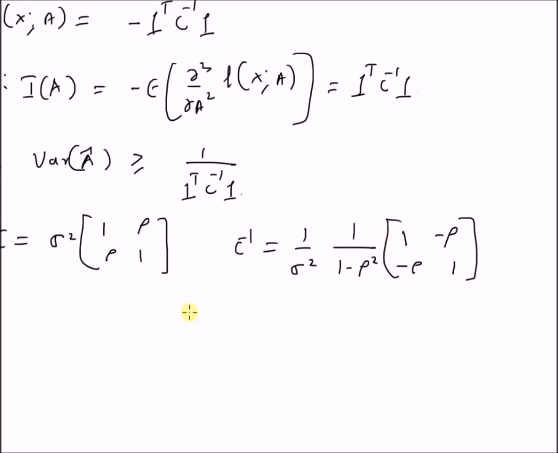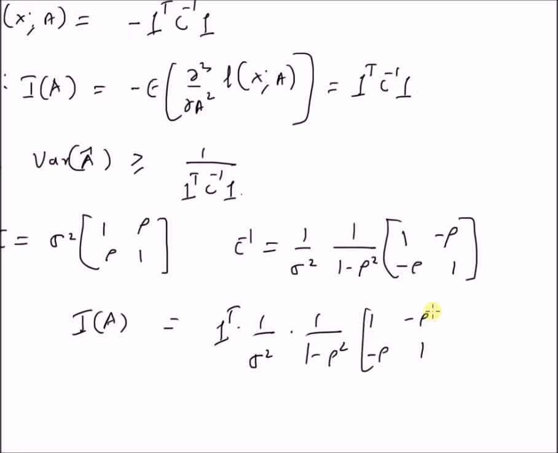So using this definition of C inverse, we have I of A is equal to 1 transpose into 1 by sigma square into 1 minus rho square multiplied by [1 minus rho; minus rho 1] into 1, the vector 1.